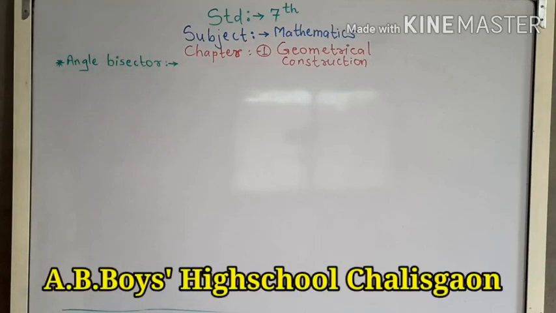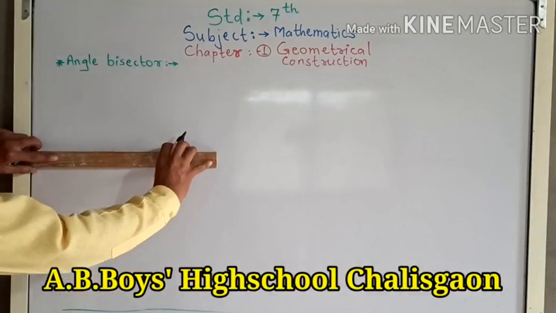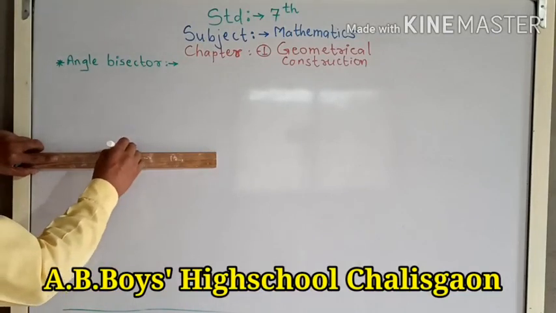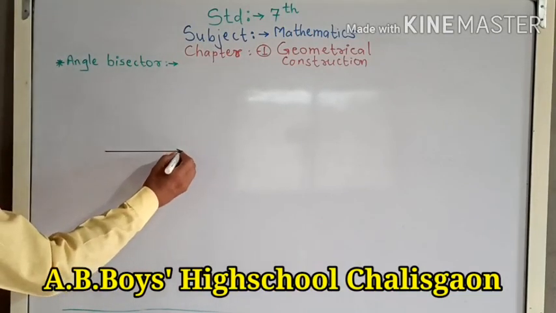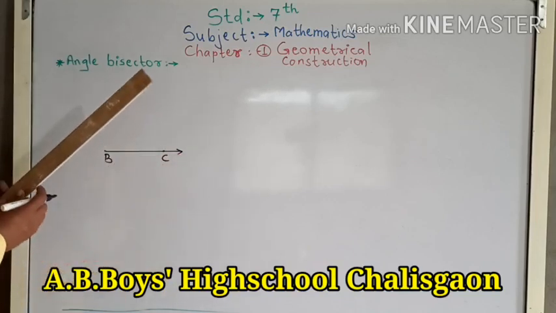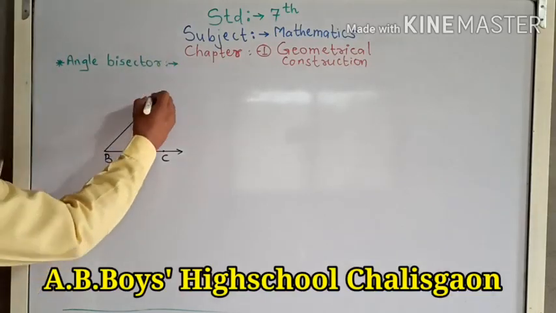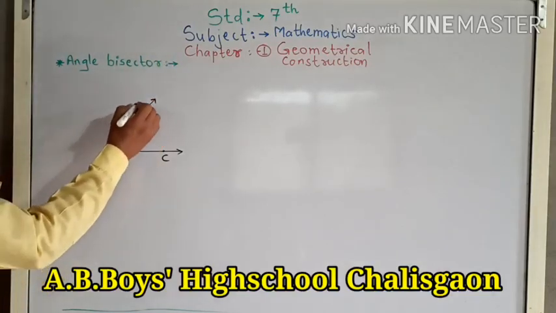Angle bisector. We know that the union of two rays having a common origin is called an angle. This is the first ray BC, and this one is another ray. The name of this ray is ray BA.